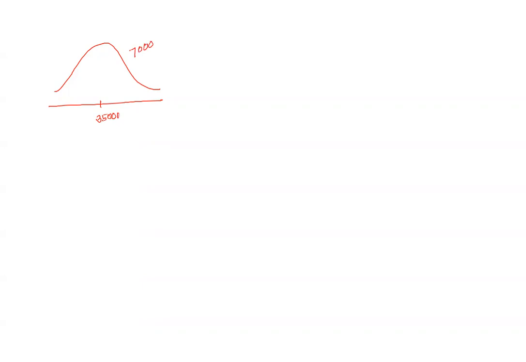And then we have to get to standard normal distribution that has a bell shape, that is of course has a mean of 0 and standard deviation of 1. And between these two, we use x minus x bar divided by s to go back and forth.